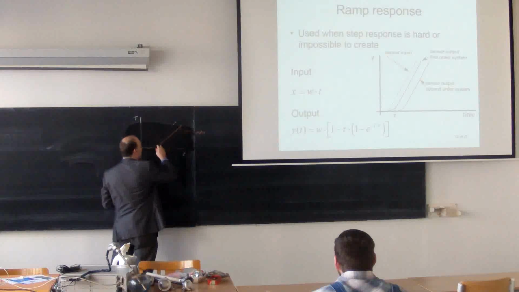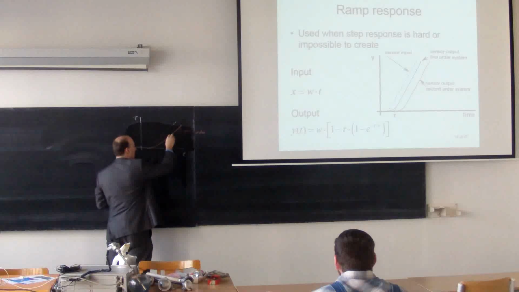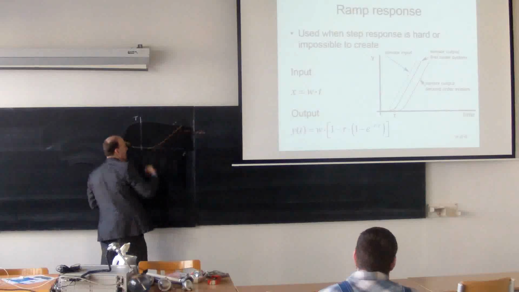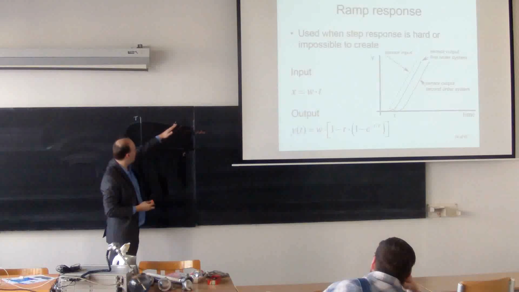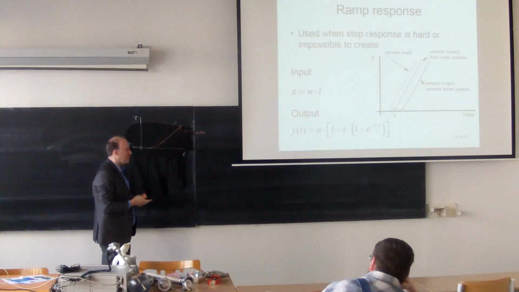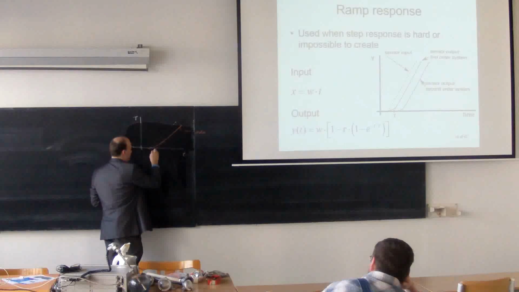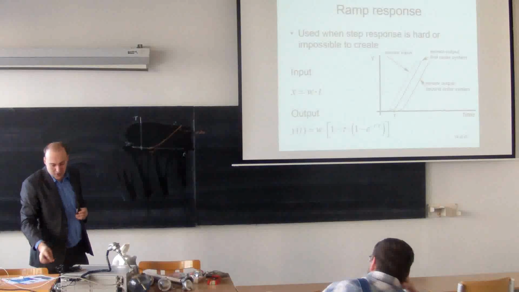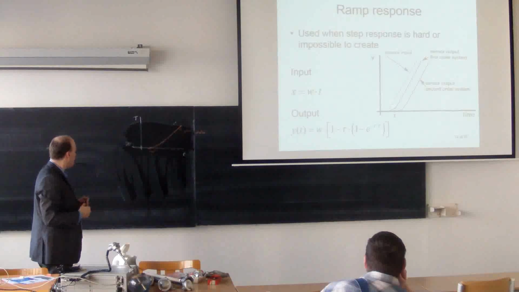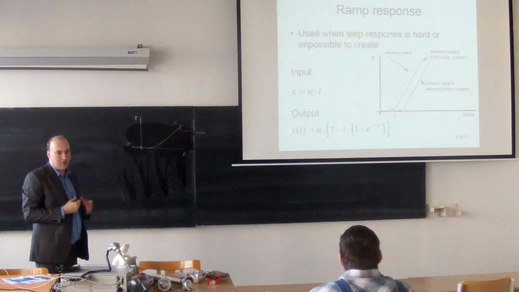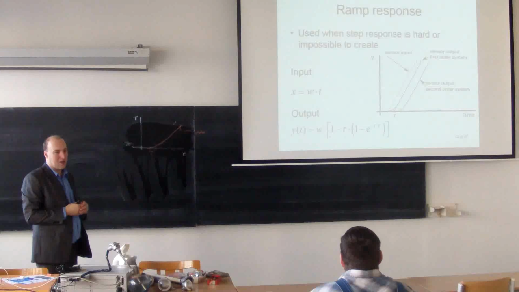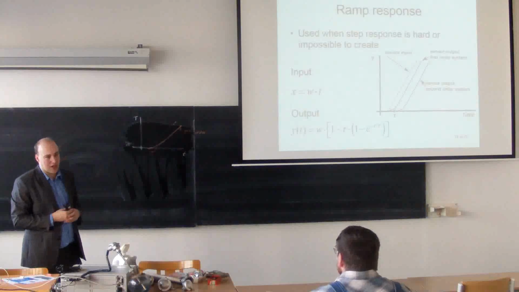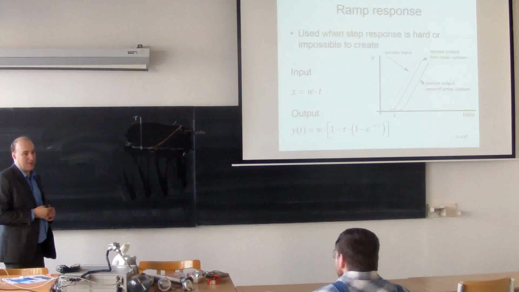Because here, if you make again an asymptote in this area where it is parallel to the input value, then this is the time constant. So we can analyze again graphically how fast our system is without the necessity of changing the input in steps.